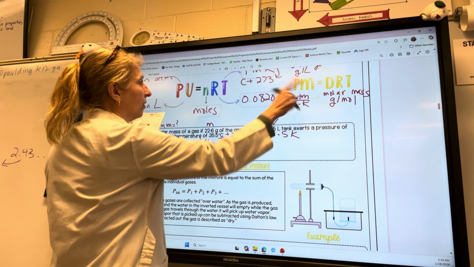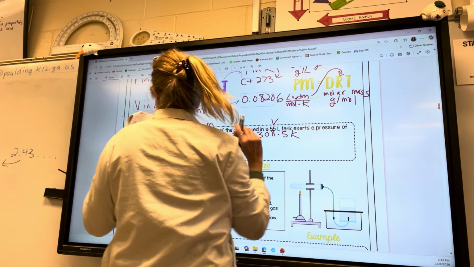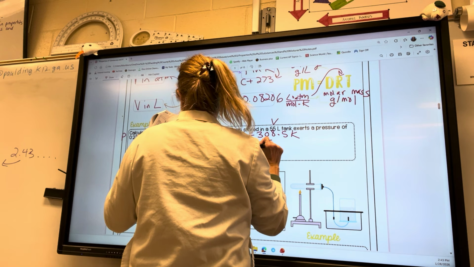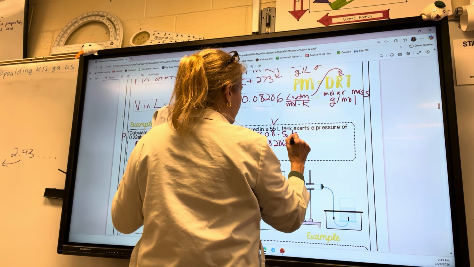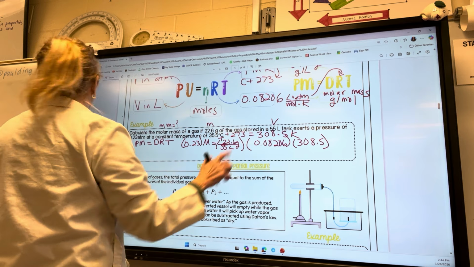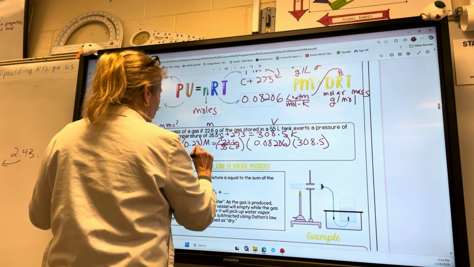Times the constant here, we'll draw it up there, which is 0.08206 times our 308.5. So we multiply these together, divide that one out, divide by 0.23, and the molar mass equals 45 grams per mole.